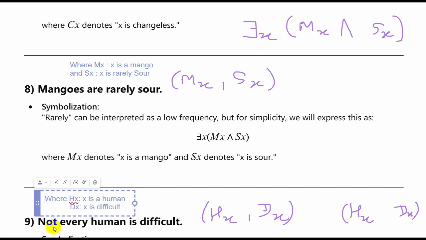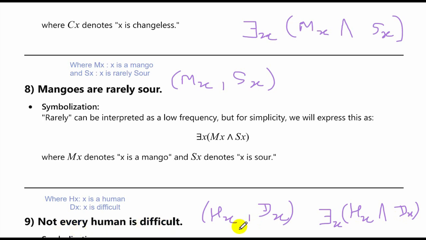Now, not every human is difficult means some humans are not difficult. Does it mean the same thing? Let's read it out here. Let's put some humans. When we use the existential quantifier, we have to use the AND symbol. There exists at least one X such that X is a human and X is not difficult.